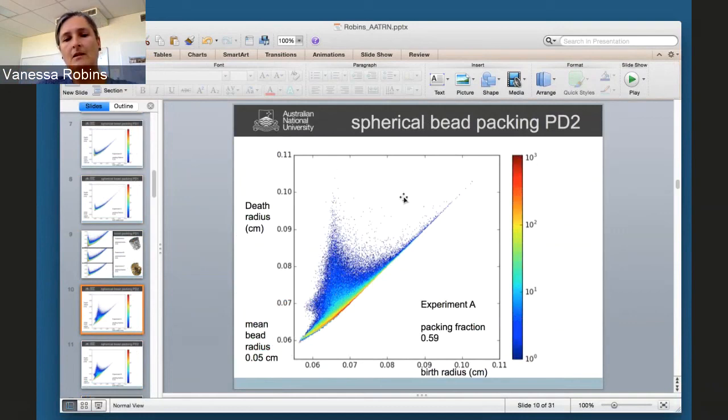You can draw a line here with a well-defined slope, and any persistence point that occurs beyond it... Because our Delaunay tetrahedra are formed by spheres that are in contact, any Delaunay tetrahedron in my packing has to have a circumradius within a particular bound.